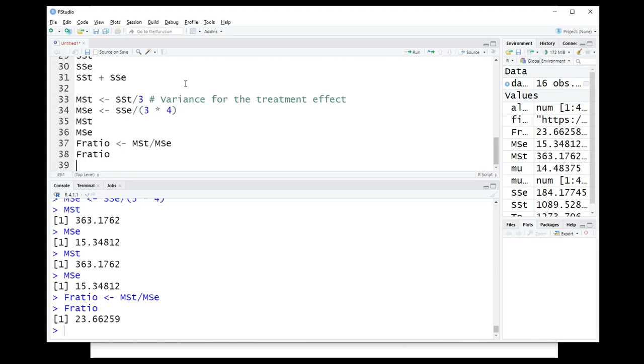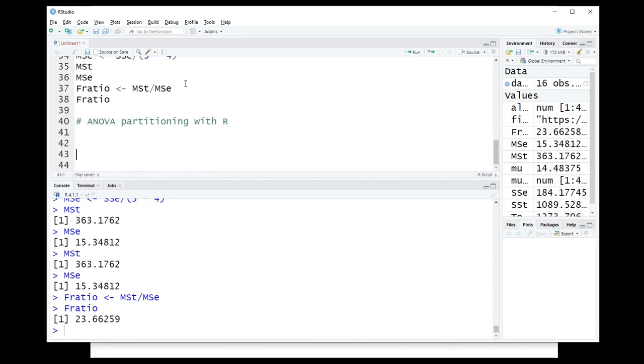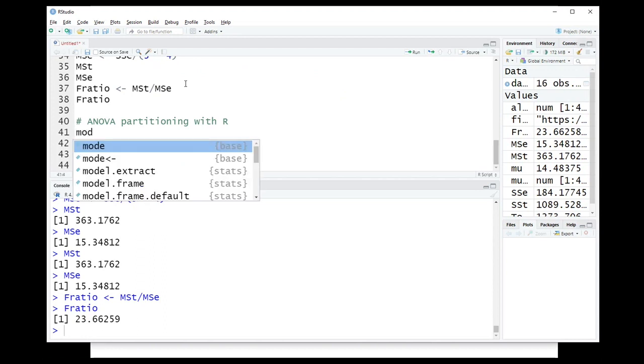Instead of doing all the calculations, we can ask R, please do the calculations for us. And that's pretty simple. So, ANOVA with R, it is pretty easy. First we fit the model.